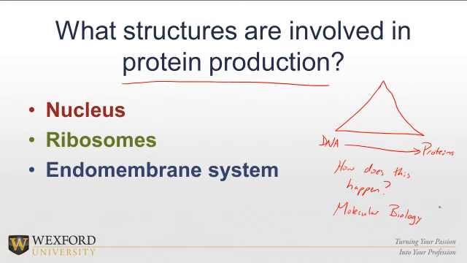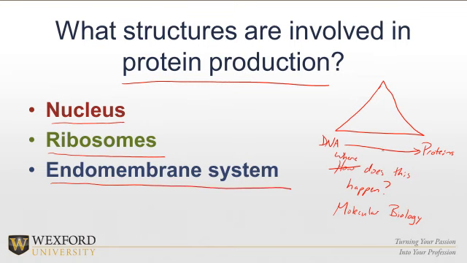So maybe a better way of phrasing it for this lecture today, instead of how does this happen, maybe where does this happen? And it starts off in that nucleus, goes to the ribosomes, and what we're going to call the endomembrane system. So these are the areas within the cell that have to do with protein production.